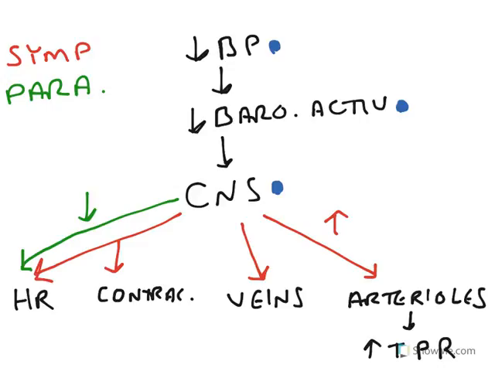Now, not only do arterioles contract, but veins also constrict. Veins constrict, but in constricting the veins, we're not directly affecting the arterial blood pressure. What we're actually doing is forcing blood out of the venous system and sending it back to the heart.